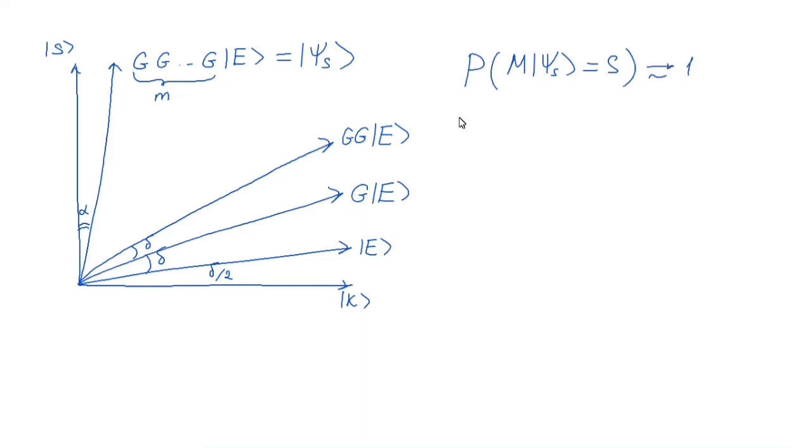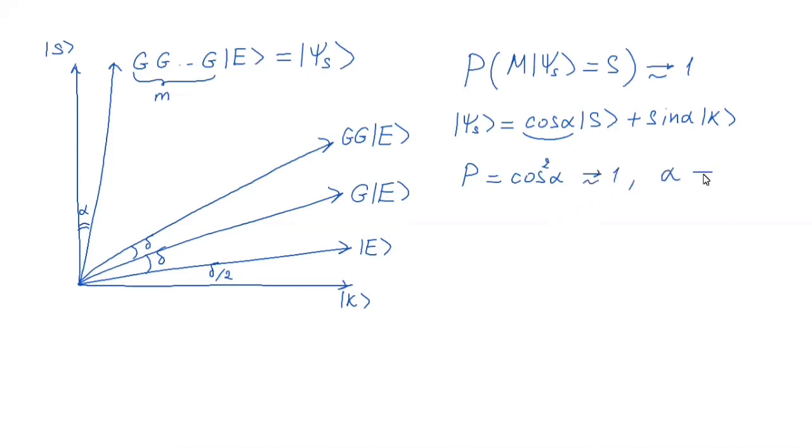Now let's write an expression for vector psi s in terms of angle alpha. It will be equal to cosine alpha ket s plus sine alpha ket k. Then the probability of measuring s will be equal to the square of this amplitude. So this probability will be equal to cosine alpha squared, and we are saying that it should be approaching 1.